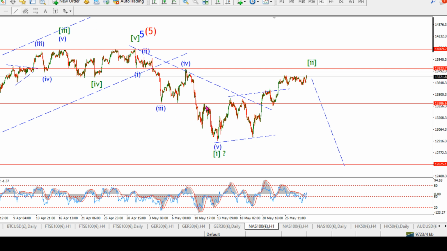Given the fact that this second wave has extended and overextended, there is a possibility that we are actually developing a larger bearish impulse wave. So let's see if the resistance there at 13,800 or 820 comes into play, and then we head lower again into a third wave. Let's see how that plays out.